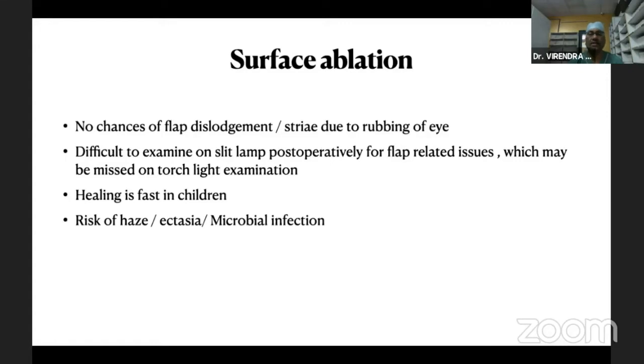But now there is a different set of complications or problems we face. The main problem is that children have a better, quicker healing response. Because of this, corneal haze may be a big issue. We are doing this kind of surgery, maybe LASIK or surface, at an age which is usually not known for keratoconus.